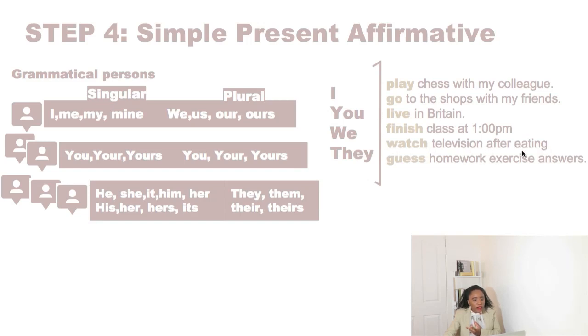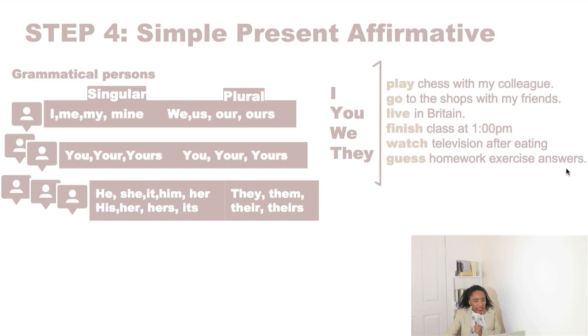And the second last example is I watch television after eating. You watch television after eating. We watch television after eating. They watch television after eating. And lastly, I guess homework exercise answers.